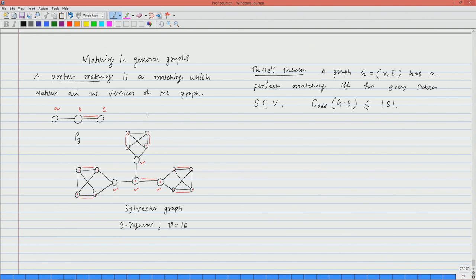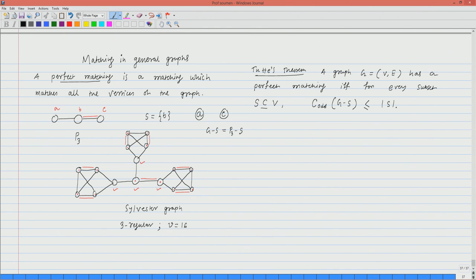For P3, let me consider my S to be equal to B. Then if I remove S from the graph G, I will be left with A and C. So, this is G minus S, which is nothing but P3 minus S. So, it has 2 components and both are odd components.